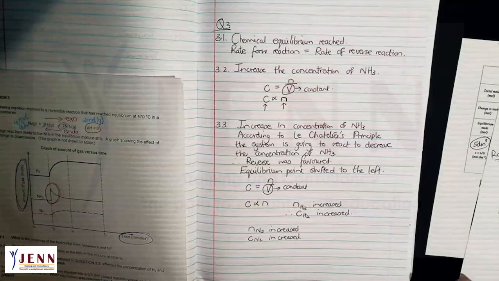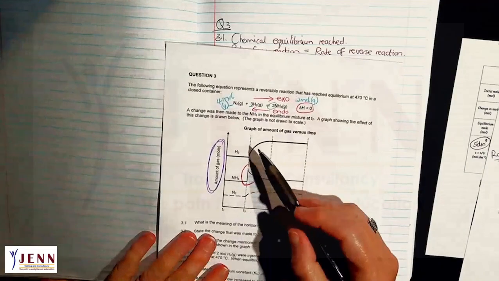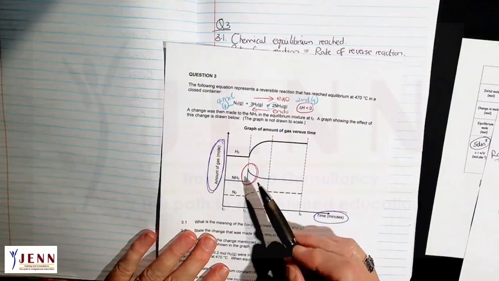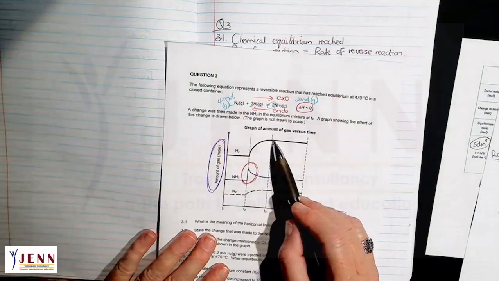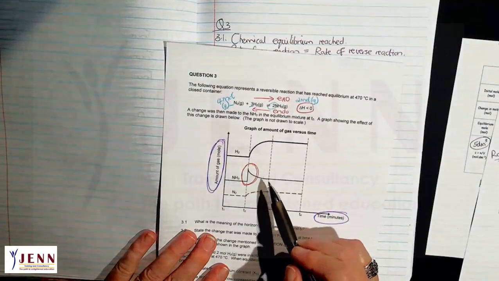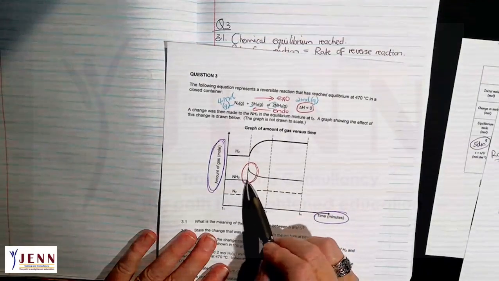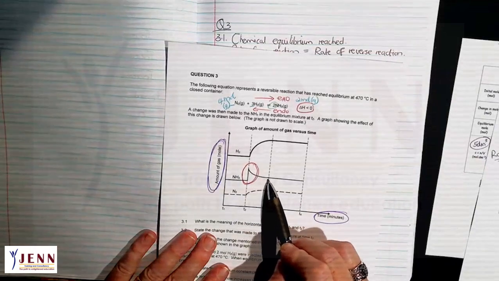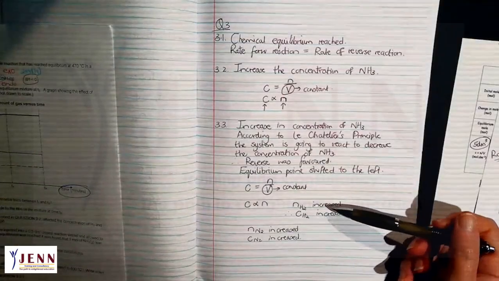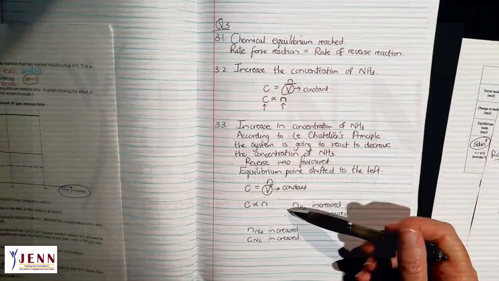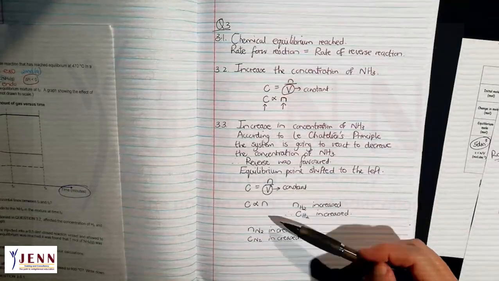Just remember the shift changes the amount of moles, and that I can see on my graph. Do you see the H2 line goes up and the N2 line goes up? And the H2 line goes up 3 times more than the N2 line because of the mole ratio of 1 to 3. So it goes up 3 times more. And the N2 initially was increased and then it becomes decreased because of the shift in the equilibrium. So if you shift the equilibrium, it changes the amount of mole and you must link it to concentration. But it's because of this ratio that this will happen.